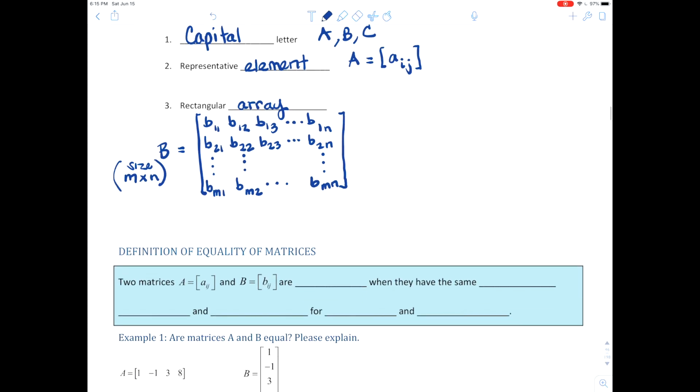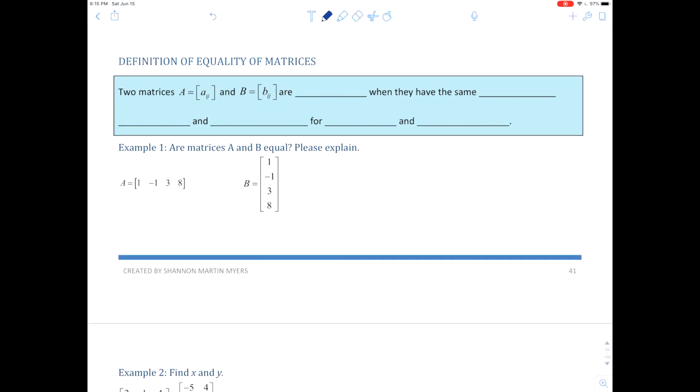All right. So here we come to our first definition of the day. Definition of equality of matrices. Just like vectors, where the corresponding components had to be equal, we now say that the corresponding entries must be equal in order, and it has to be true for every entry in order for two matrices to be equal.